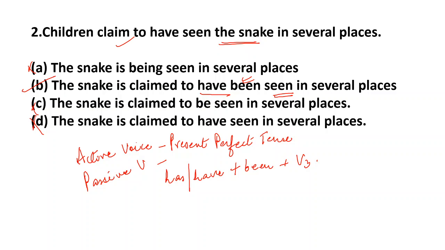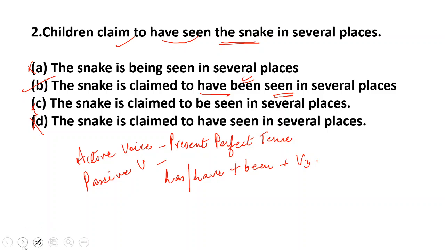The snake is claimed to have been seen. Have is there as it is, and you only have to add been: have been seen, with seen being the third form of the verb. Whenever you find a perfect tense, you add have been seen, and this is the correct answer.